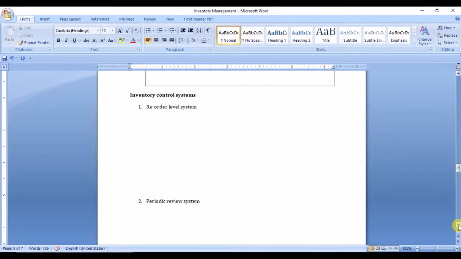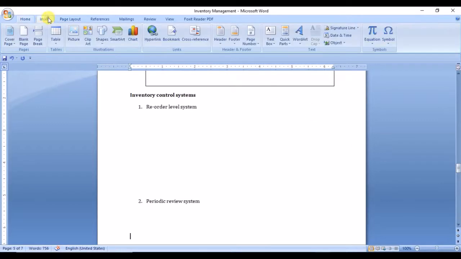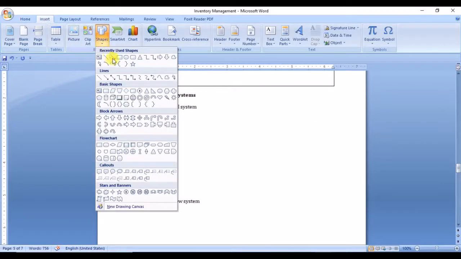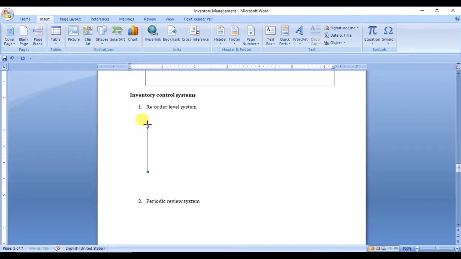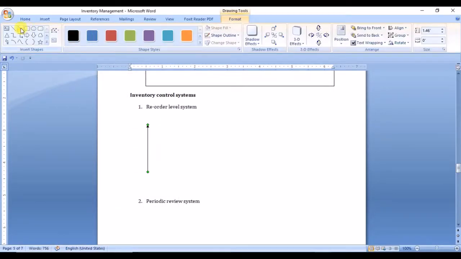So this is what we call reorder level system. Let me try to show you in a graph. Let's say this is time in the x-axis.